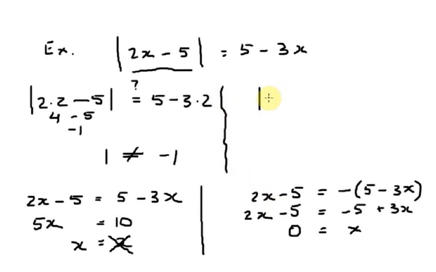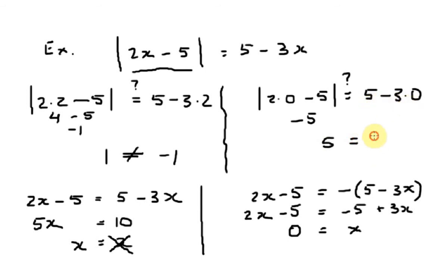Well, if we put in 0, 2 times 0 minus 5, absolute valuing all of that, does that equal 5 minus 3 times 0? Well, let's see. We would get negative 5, which gets turned positive. And over here, we're going to have 5 take away 0. Yeah, so this is a solution. So we do end up with one solution in this particular example.